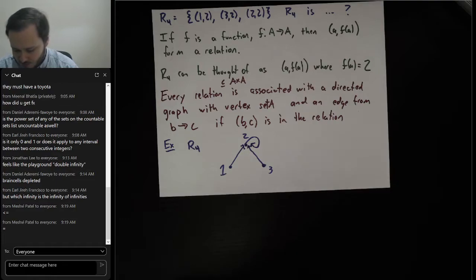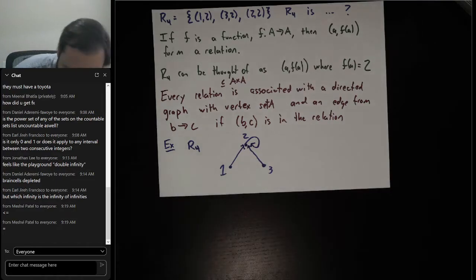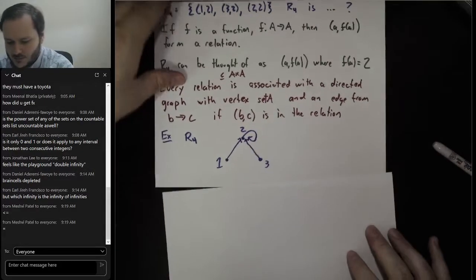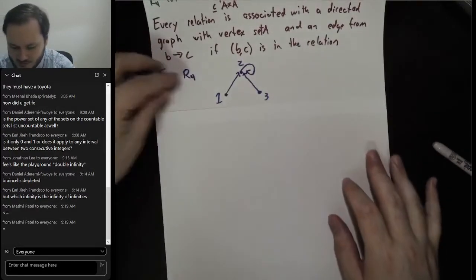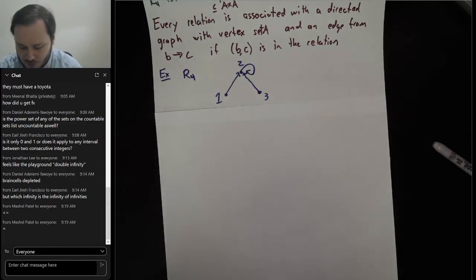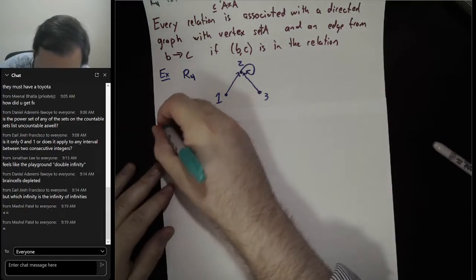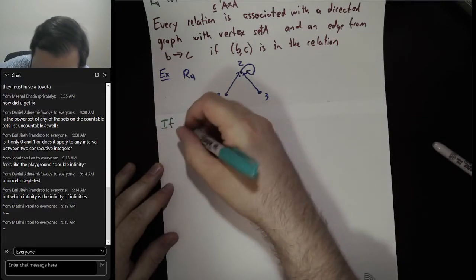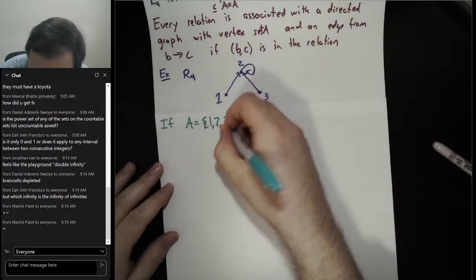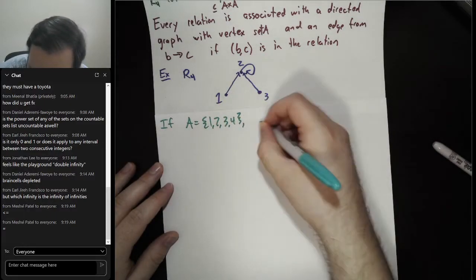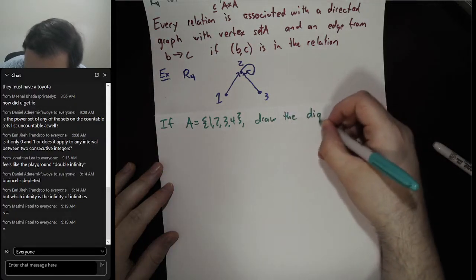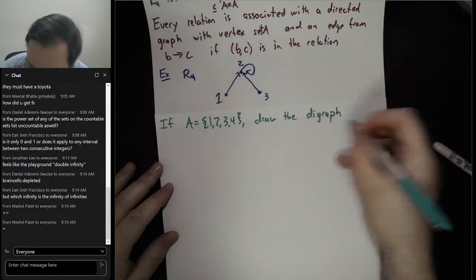So here's a problem for you to think about. What is the directed graph associated with greater than or equal to? So if A is the set {1, 2, 3, 4}, draw the directed graph, which we usually abbreviate by digraph.